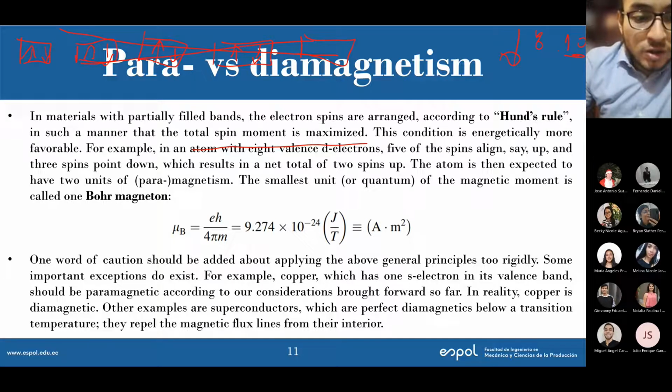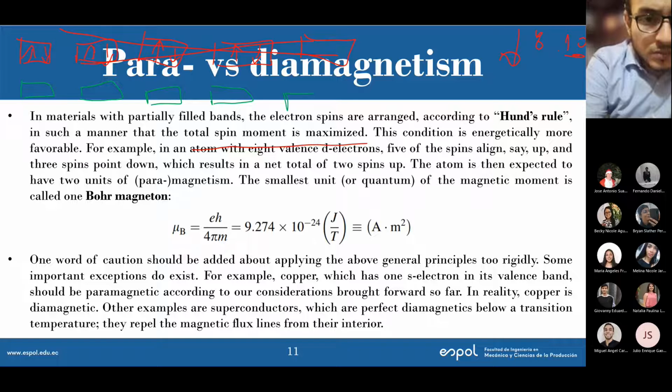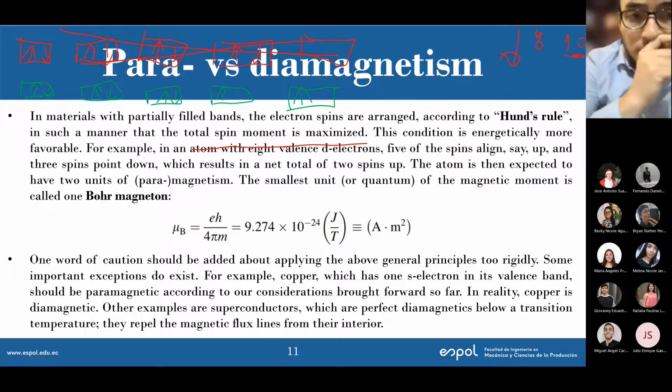So a material that has d8, for example, will actually have something like this. In those 5 levels, we'll have 1, 2, 3, 4, 5, 6, 7, and 8, so that way it's maximized.